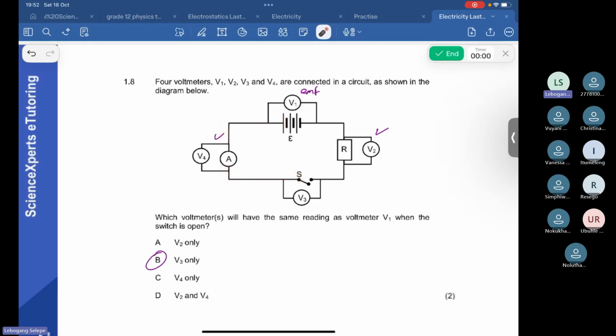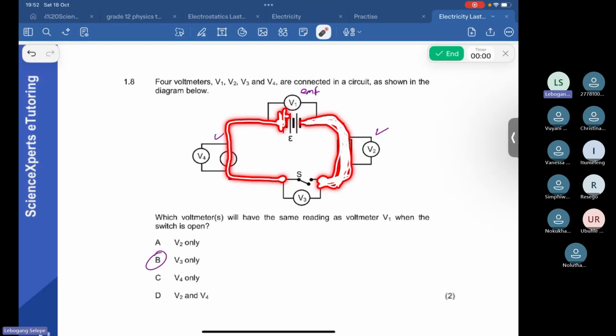But look at V3. This side of the voltmeter is connected to the negative terminal. So this red wire just acts as an extension, right? Because there's nothing else here. The resistor is also not working, so the wires are just acting as an extension to connect it to the negative terminal. Same thing with this side here. Everything else is just an extension to connect it to the positive terminal.